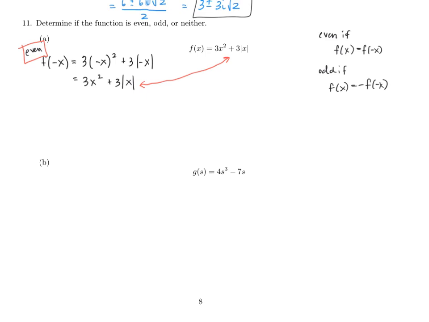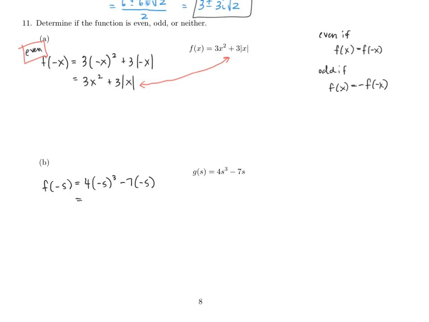Okay, so for part B, we want to know if it's even or odd. So we're going to start the same way. We're going to start by checking to see if it's even. So everywhere where there's an s, whoops, I should have an s. Everywhere where there's an s, I'm going to plug in negative s. So that will be 4 times negative s cubed minus 7 times negative s.